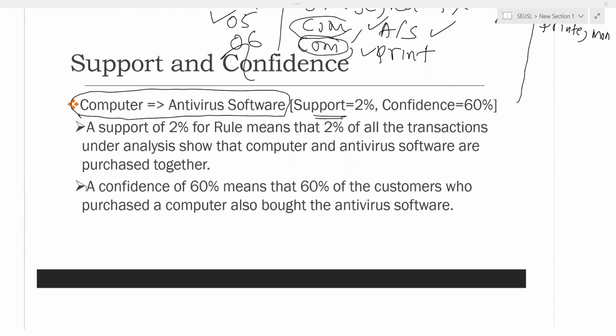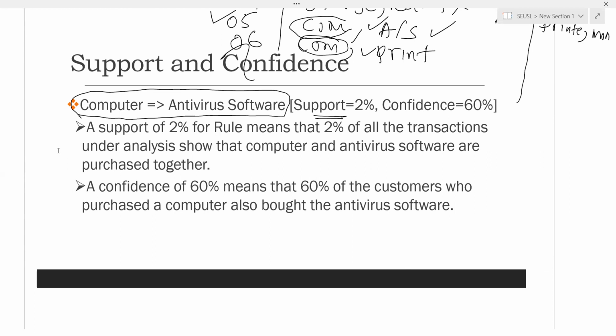Similarly, among the 100 people, if it is 60% confidence, I am asking how many people buy computers. Let's think about it similarly. In a shop, 1,000 people visit and buy something. Among them, 100 people buy computers.